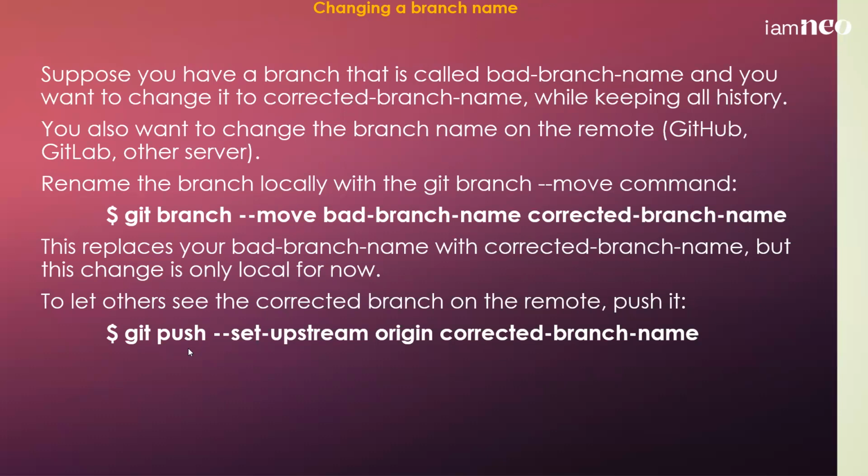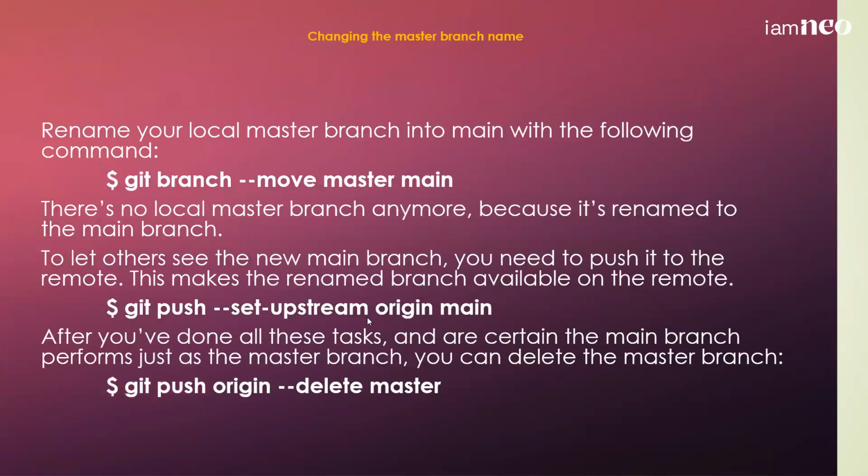Push will make the changes appear in the remote repository. So git push --set-upstream origin corrected-branch-name, and automatically the old name will be corrected by Git.